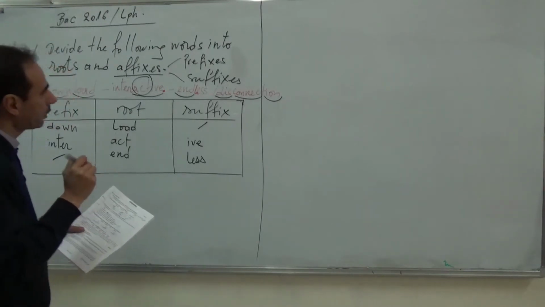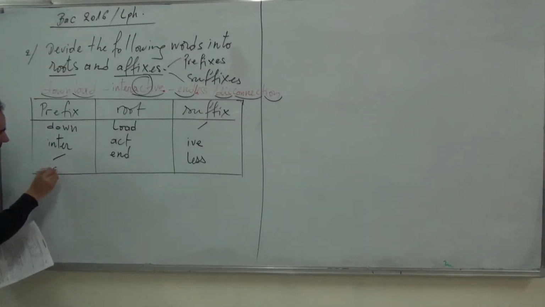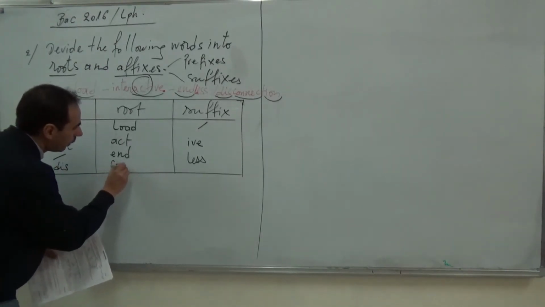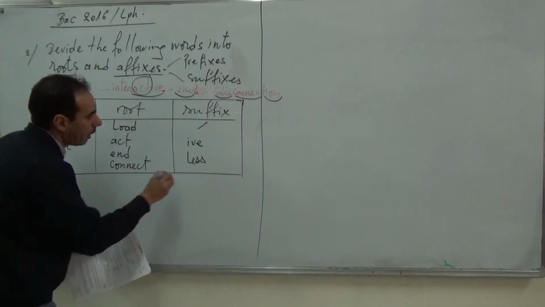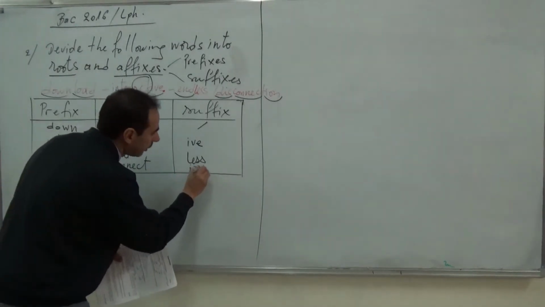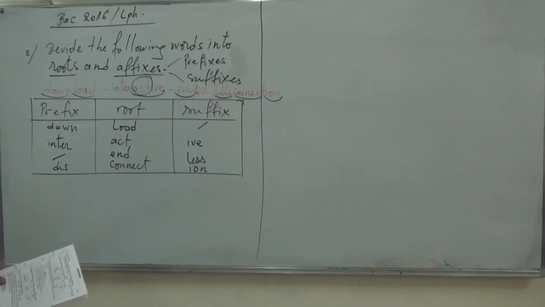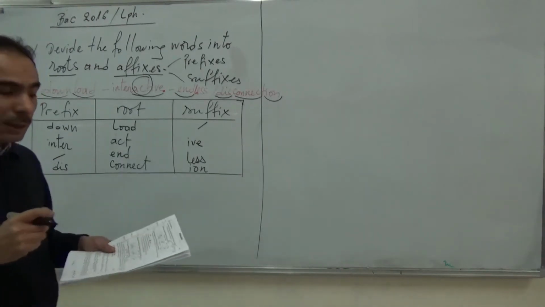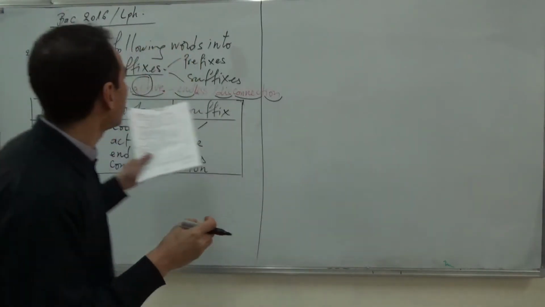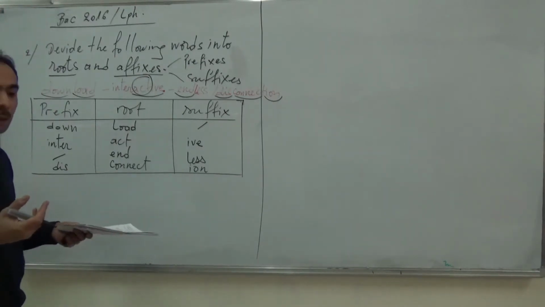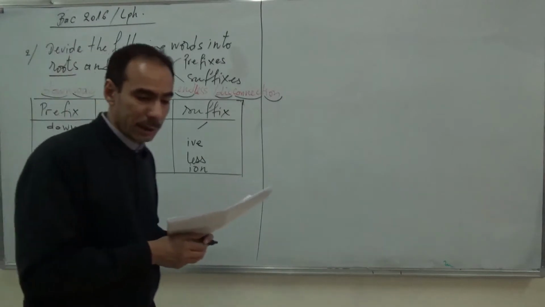So we are going to write it here: dis, the verb to connect, and the suffix ion. And this is one of the exercises taken from the baccalaureate LPH, and you can consider that it is a very easy exercise. You can do it easily.